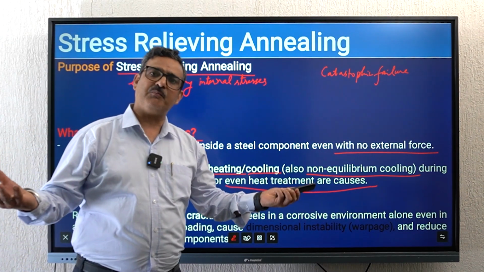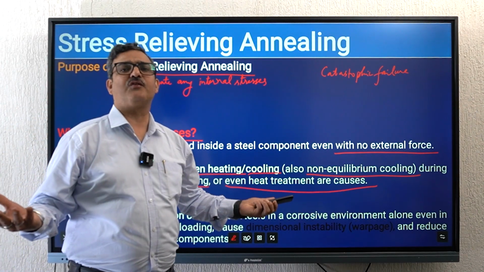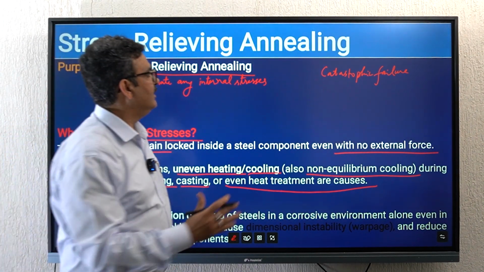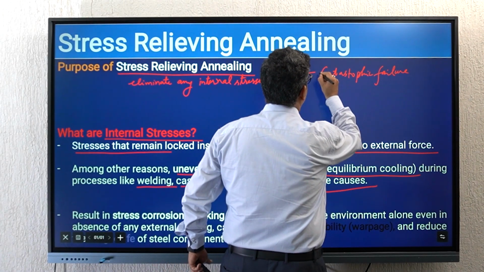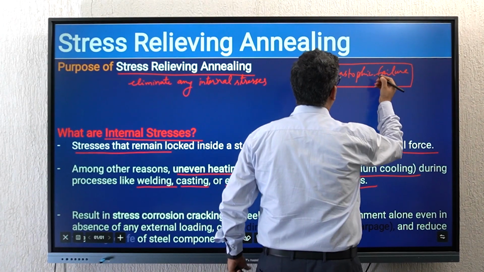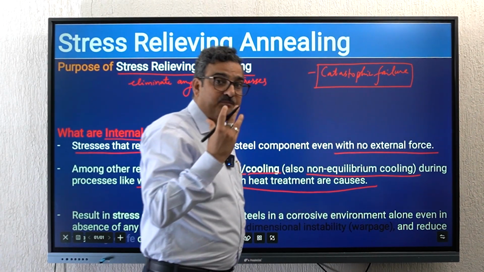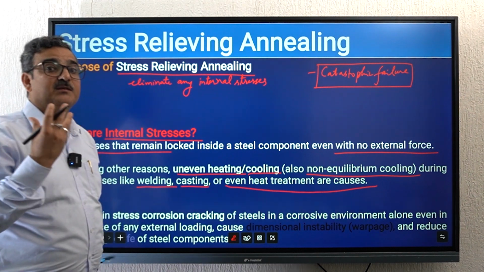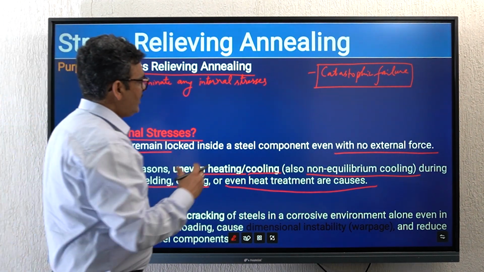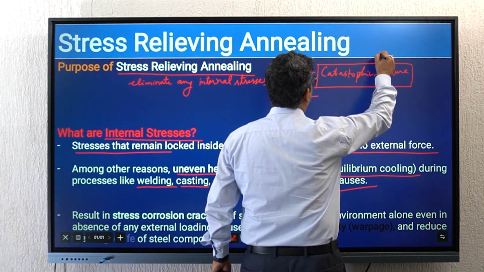There was no vehicle passing over it, there was no external load being applied over it, but it catastrophically failed because of the presence of internal stresses. Generally, whenever a structure shows sudden, catastrophic failure without giving you any warnings, it is because of the presence of internal stresses in the material of which the structure was fabricated. This is the ultimate effect.